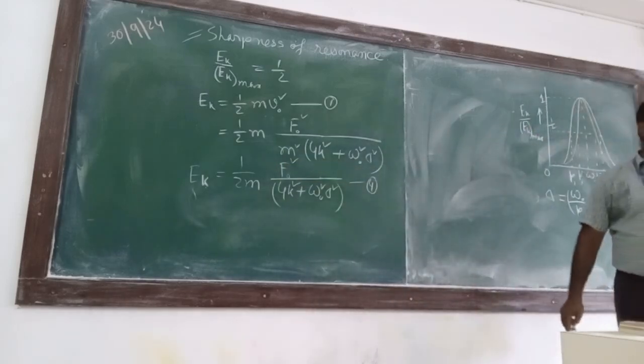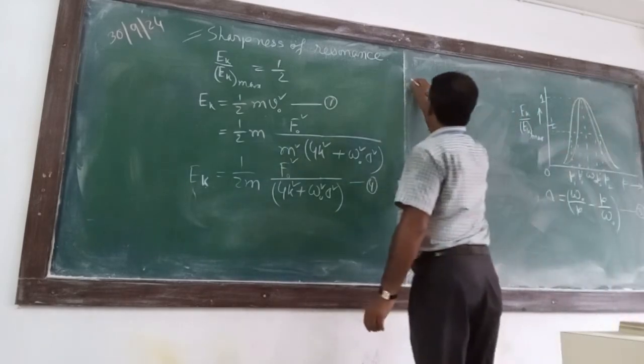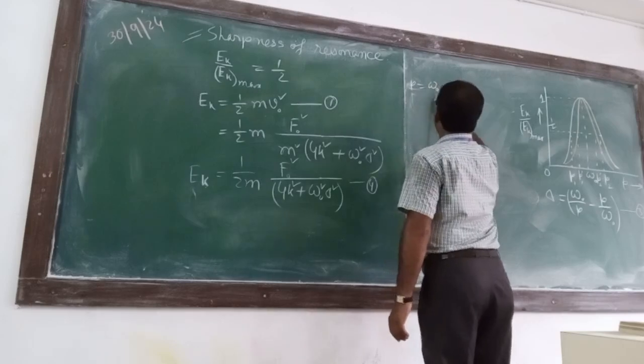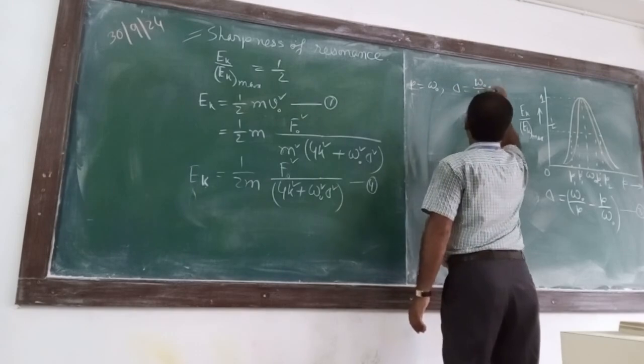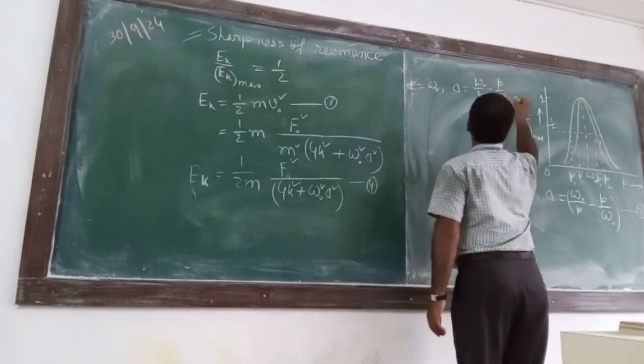When p equals to omega naught, then del equals to omega naught by p minus p by omega naught equals to 0.